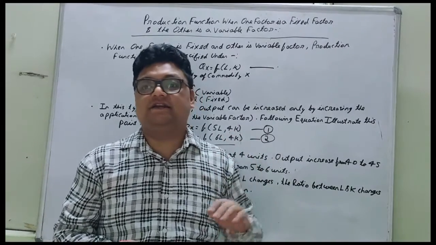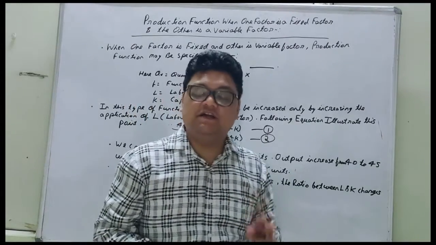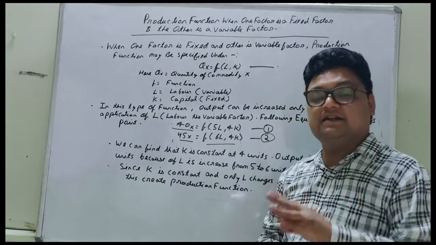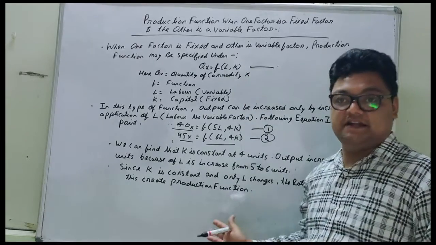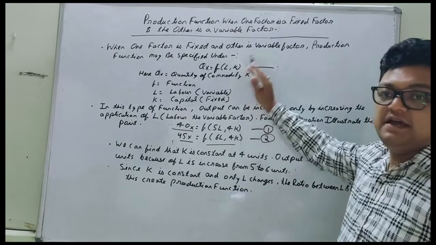So basically it is a relationship between the variable factor and the fixed factor. So if a condition applies that only one factor is fixed and the other is variable, then the production function will be stated with the statement Qx = F(L, K).